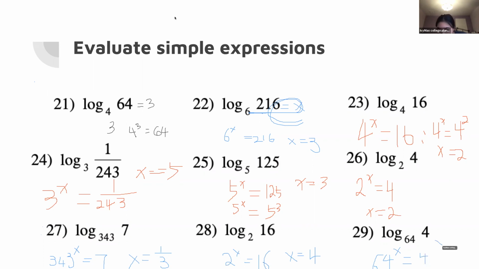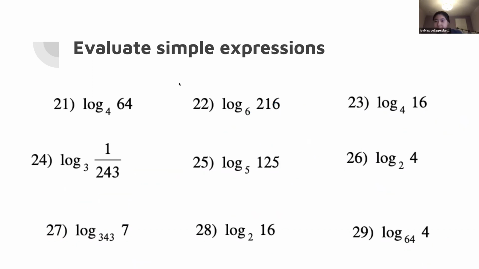X should be 1/3. So make sure you check your answers. Cool, we can move on.